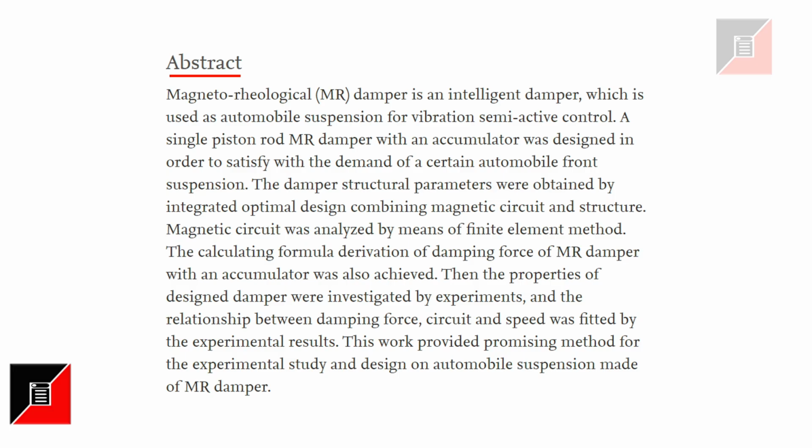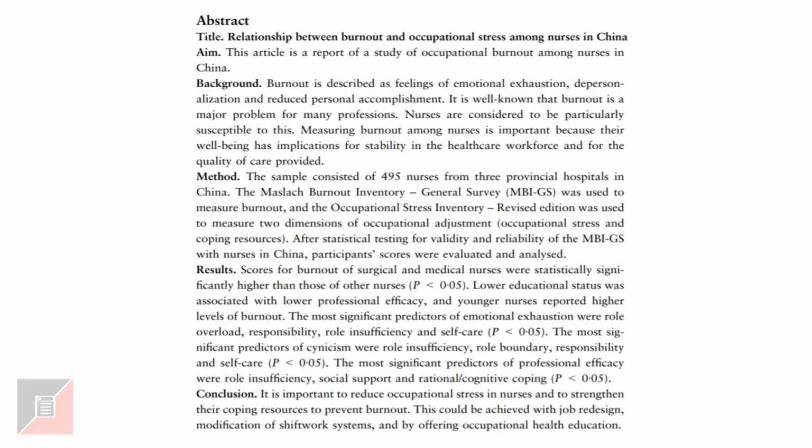Here each sentence will have various meanings. And one thing, it is not a rule that you have to write the abstract using this method only. We will learn about that in the future slides, and it depends upon the discipline and varies. This one is, I think, from life science, with the title: relationship between burnout and occupational stress among nurses in China.